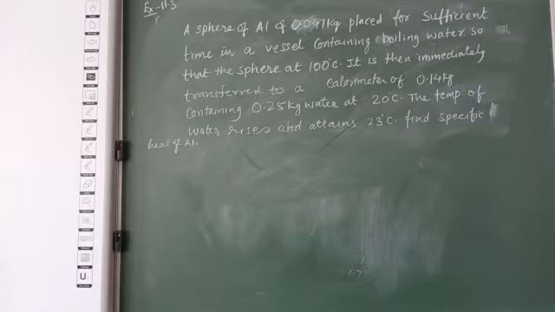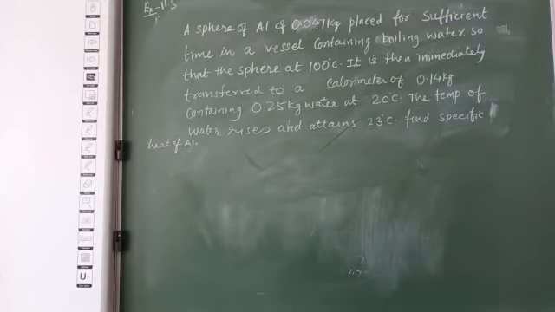A sphere of aluminum 0.047 kg is placed for sufficient time in a vessel containing boiling water, so that the sphere is at 100 degrees Celsius. It is then immediately transferred to a calorimeter of 0.14 kg containing 0.25 kg water at 20 degrees Celsius. The temperature of water rises and attains 23 degrees Celsius. Find the specific heat of aluminum.